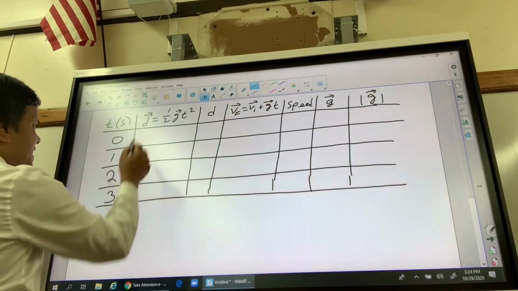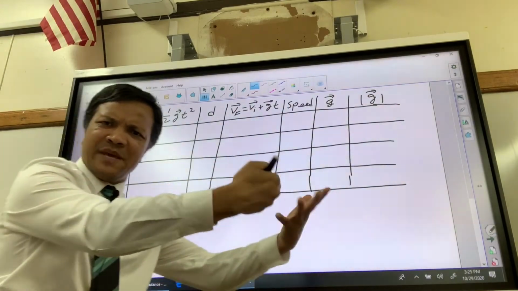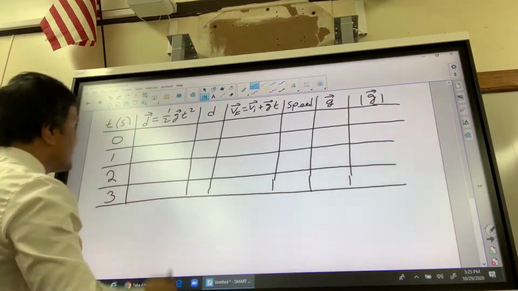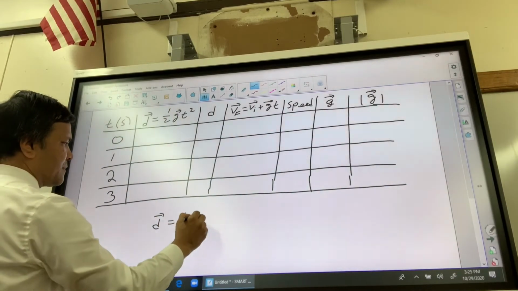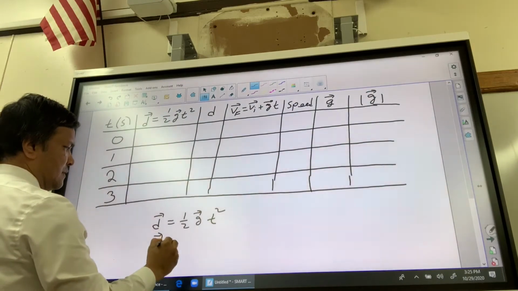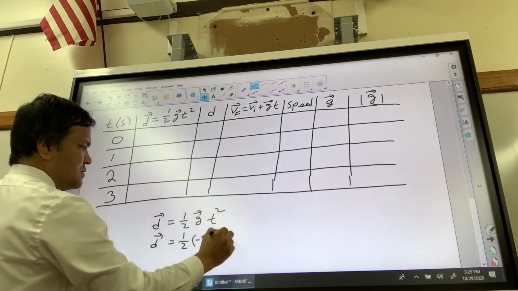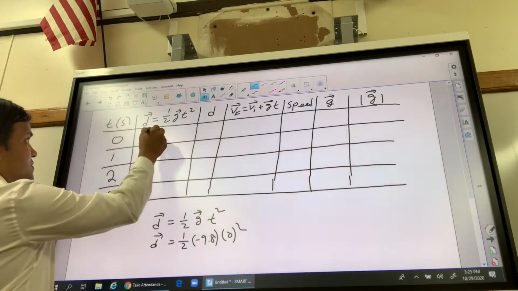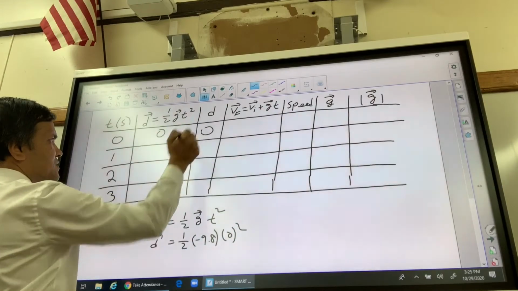So at 0 seconds, how much did the sphere displace? If you plug 0 into the formula, you're going to get 0, because 0 squared gives you 0. So 0 displacement. The magnitude of 0 is of course 0.